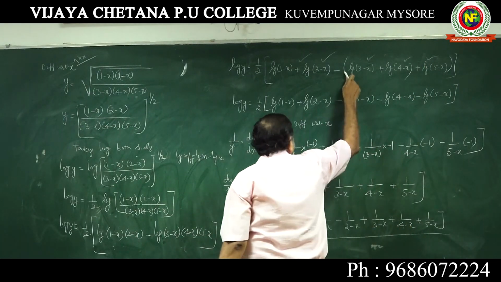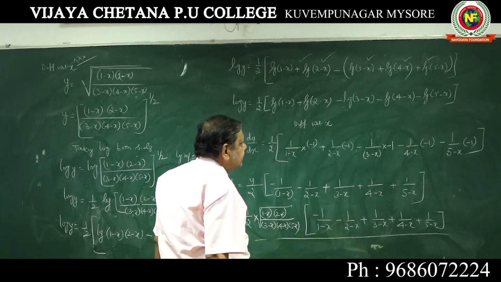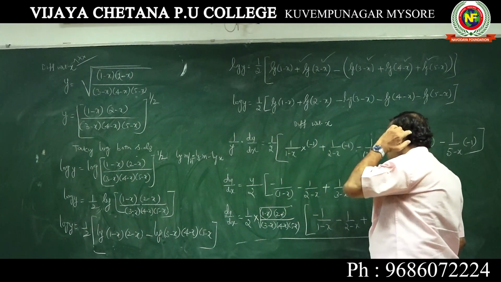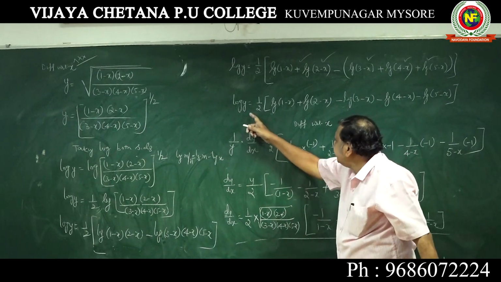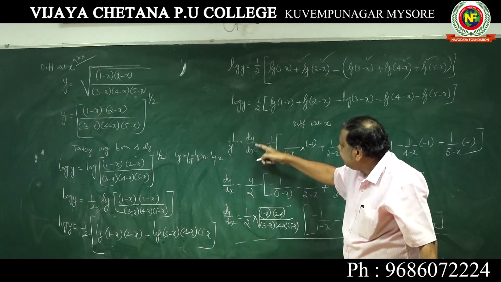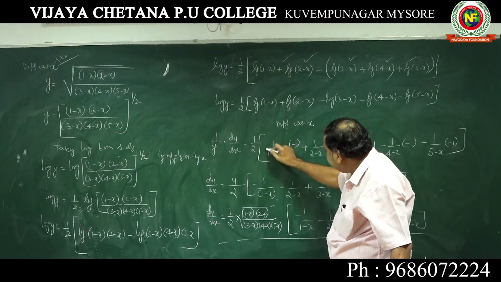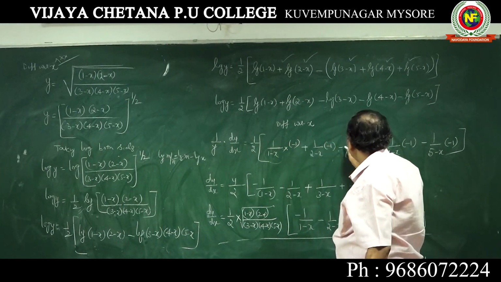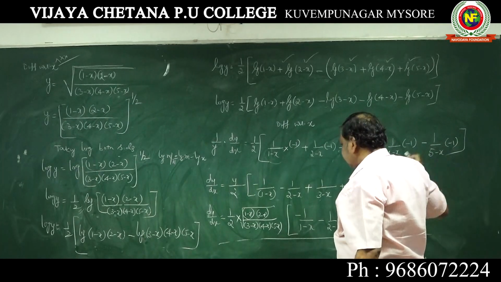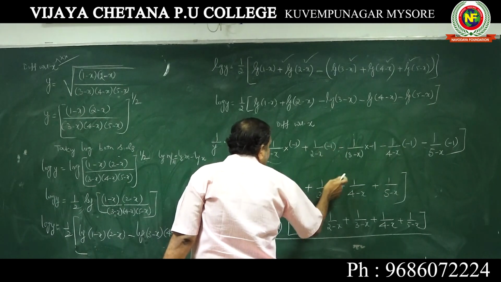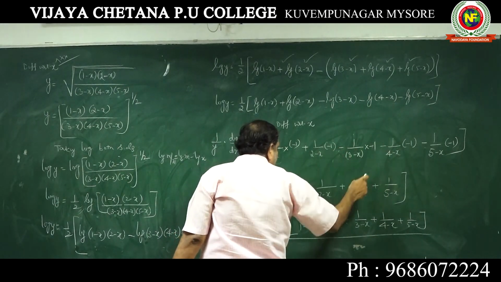Afterwards multiplying by the minus sign: minus log 3 minus x minus log 4 minus x, minus log 5 minus x, and 1 by y, differentiate now, 1 by y dy by dx equal to so much. Here when you are differentiating 1 over 1 minus x, d by dx of 1 minus x is minus 1. Similarly here all minus 1 comes, then you simplify, this will be minus 1 minus 1, here it becomes plus, minus into minus is plus.